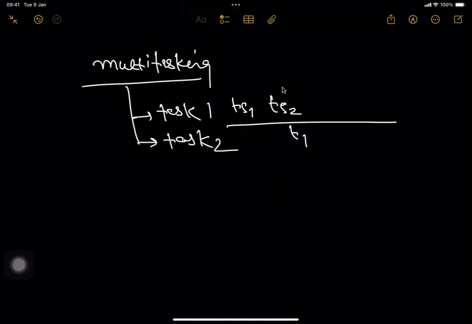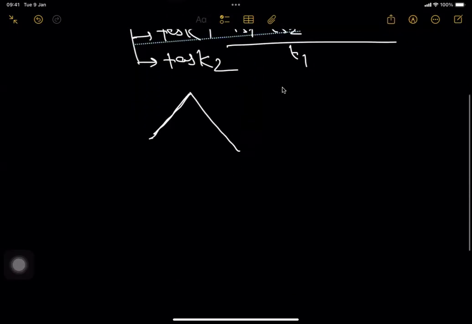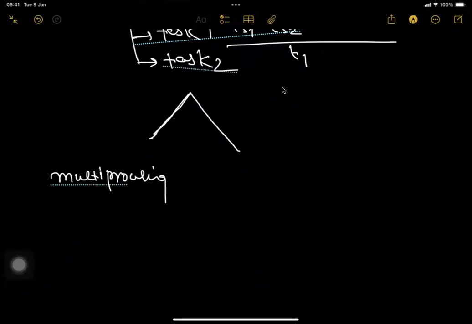The multitasking itself can be achieved in two ways. What are those two ways? The first is multiprocessing, and the second one is multi-threading.